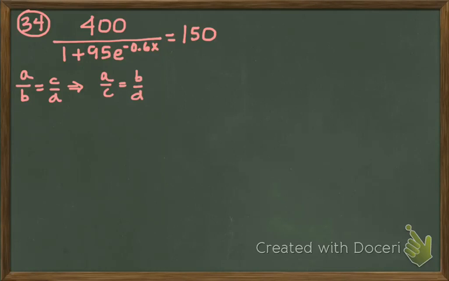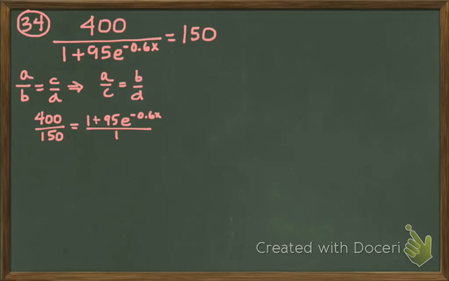So I'm going to put 400 over 150 equals 1 plus 95 e to the negative 0.6x over 1.